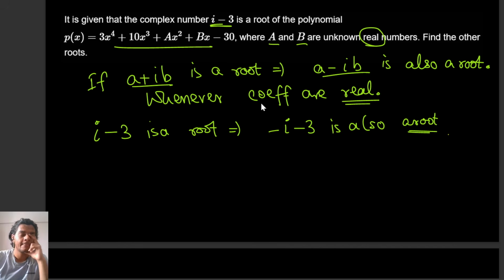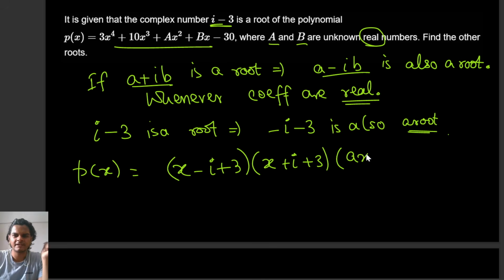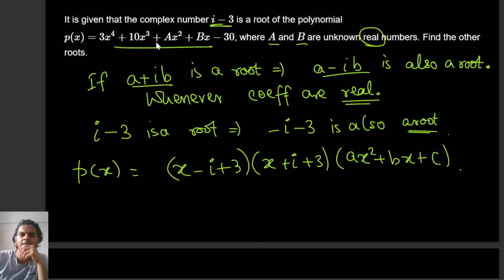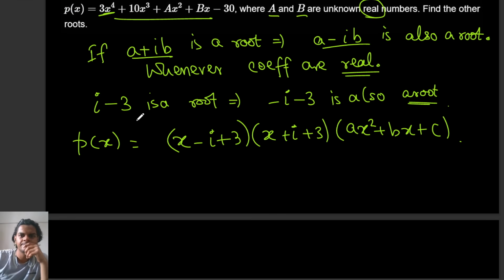Right? So we can write p of x as x minus i plus 3 into x plus i plus 3 into some ax square plus bx plus c, right? Because it is a degree 4 polynomial.